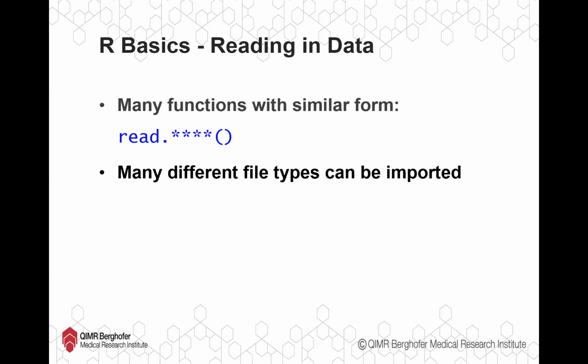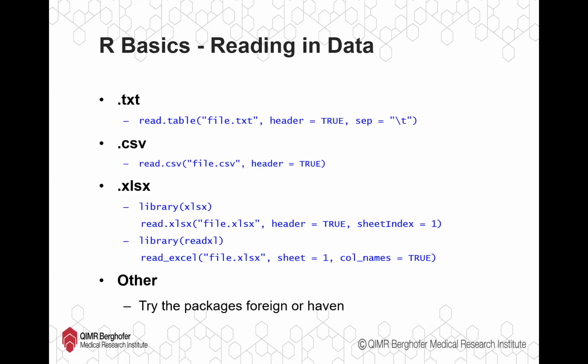There are many different file types that can be imported into R, depending on what packages you have available. A basic data format is the simple text file, with a .txt extension. That can be read in with the read.table function, in lowercase. The first argument to that function is the file name you want to read in with the .txt extension included, all of that enclosed by quotation marks.